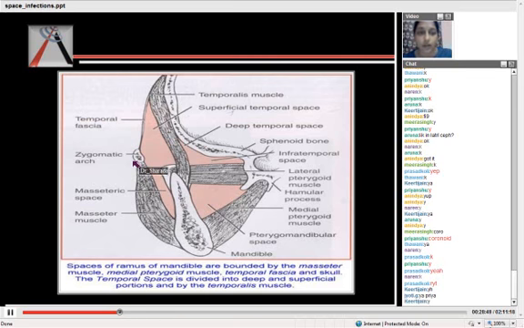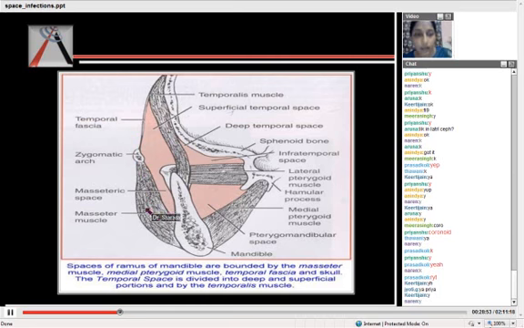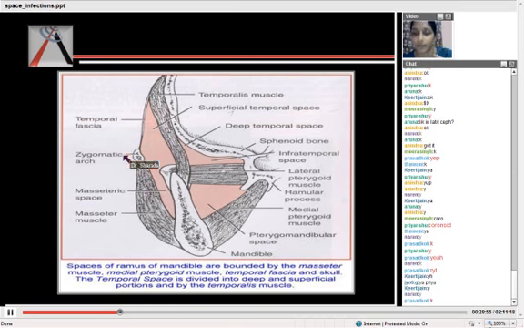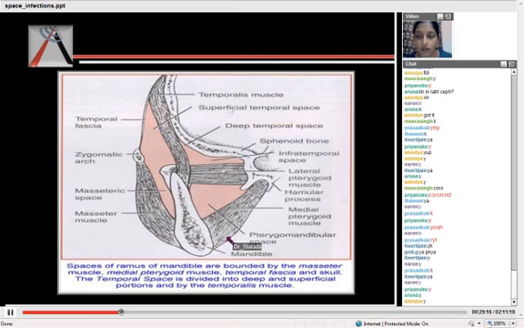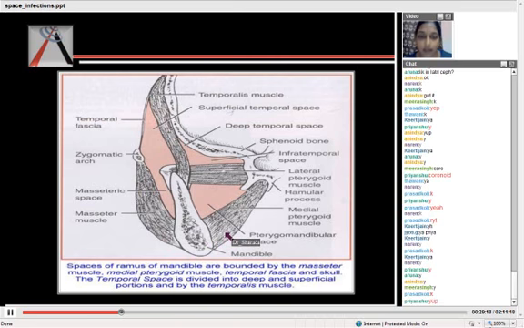And from below here, you're going to have your masseteric muscle. So the top part of the zygomatic arch is going to be attached to the temporal fascia, and the lower part of the zygomatic arch is going to be attached to the masseteric muscle, which is going to go right under the inferior border of the mandible. Are you getting it? Can you imagine it now? Anindya, you can imagine it, right?